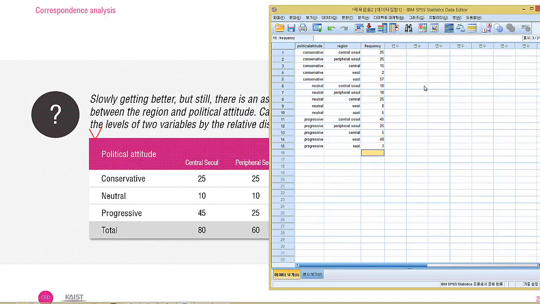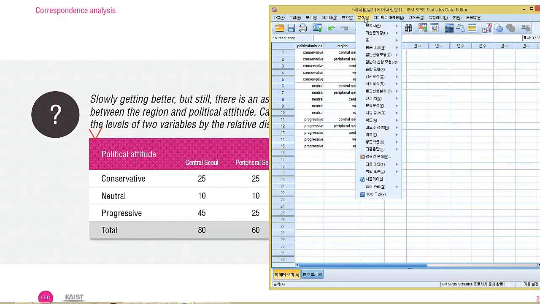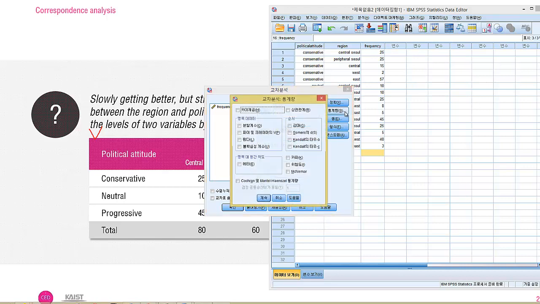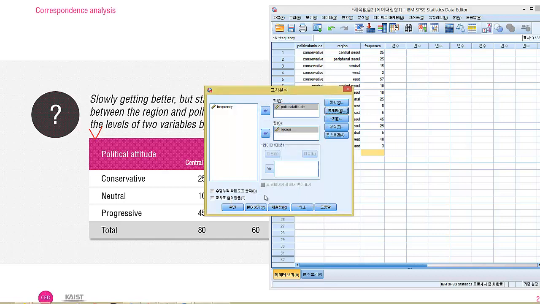Alright, then you perform a chi-square analysis: Descriptive Statistics, Cross-tabulation, for rows, political attitude, and for column, regional division, and for statistics, we click chi-square and continue, and then OK.